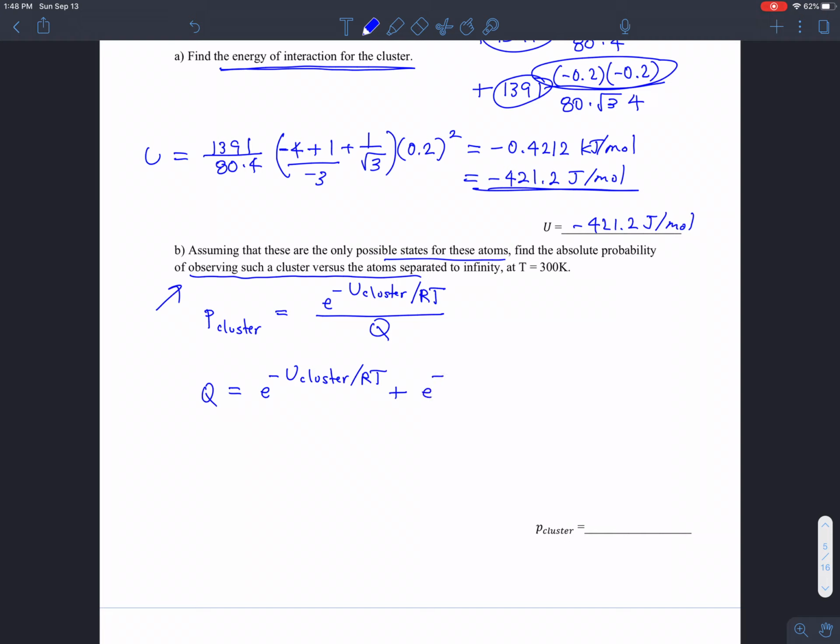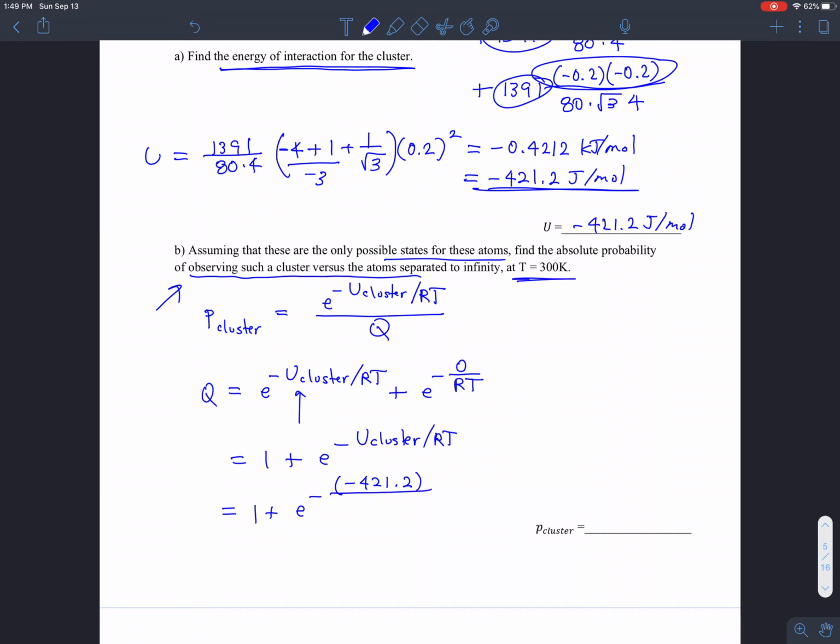That's e to the minus, what's the energy when they're separated to infinity? It's 0, right? e to the minus 0 over RT. So that's equal to 1 plus e to the minus U for the cluster over RT, and that is equal to 1 plus e to the minus a minus 421.2.